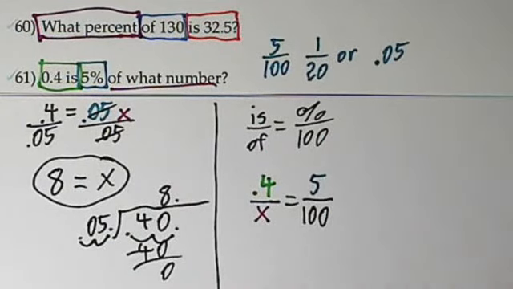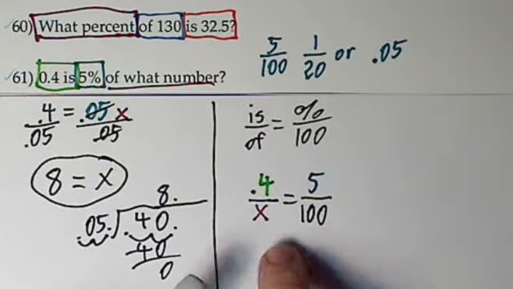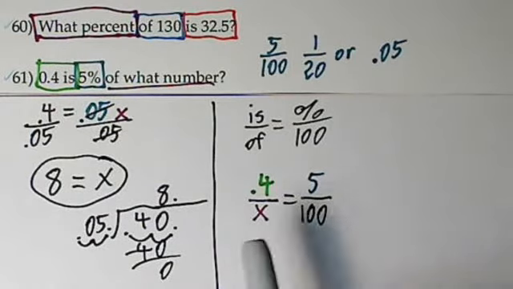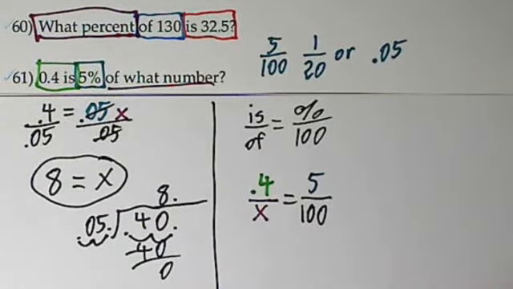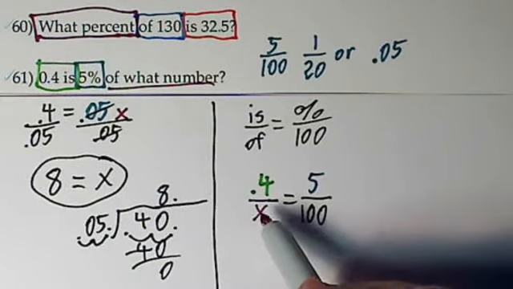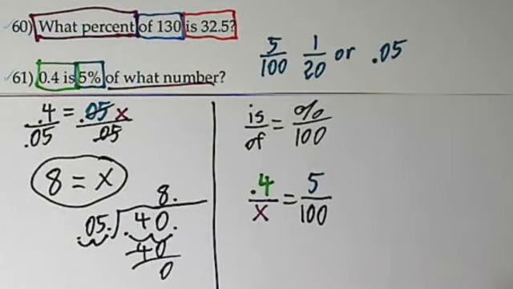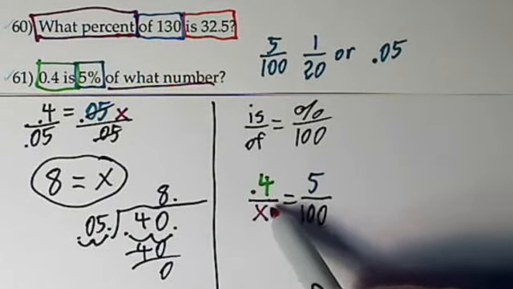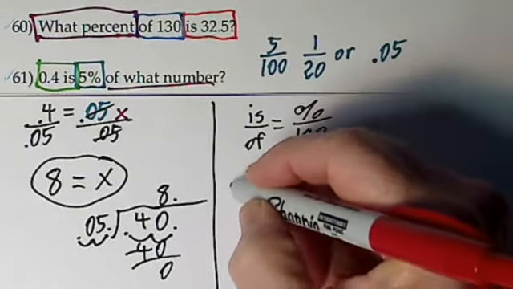Okay. These are a little trickier when x is in the denominator. It's good if you just learn how to take care of that problem, because whenever it crops up, it causes trouble. I can't get x by itself if it's trapped down in the denominator. So I don't want it there. I want to get rid of the x in this case. So it's held there by division. I'll use the opposite operation, multiplication.